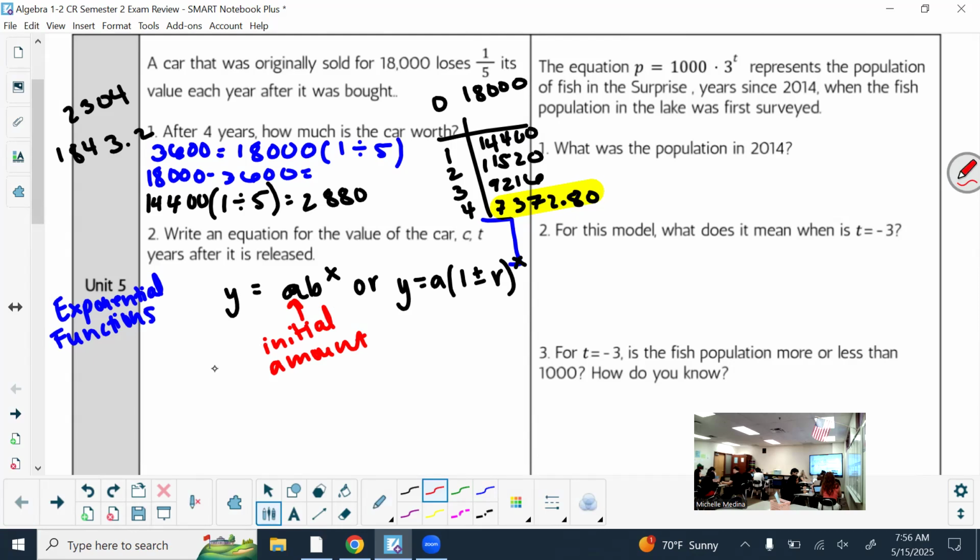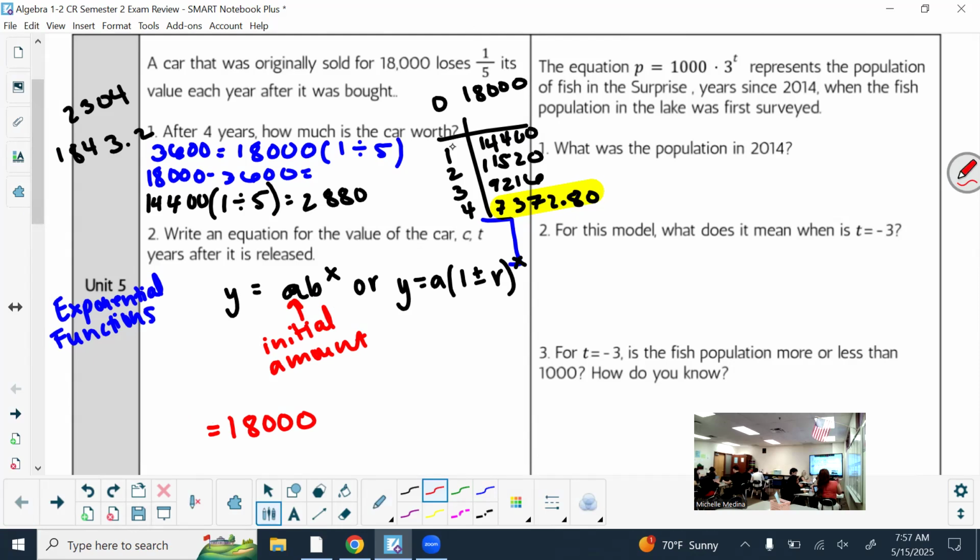What was my initial amount in this? And then B stands for what? It's similar to rate of change, but we don't call it that because then that could be confused with slope.